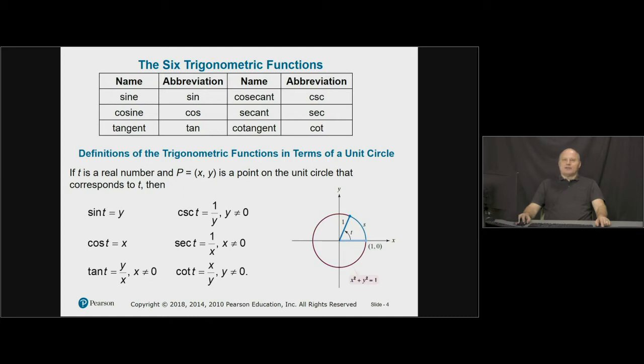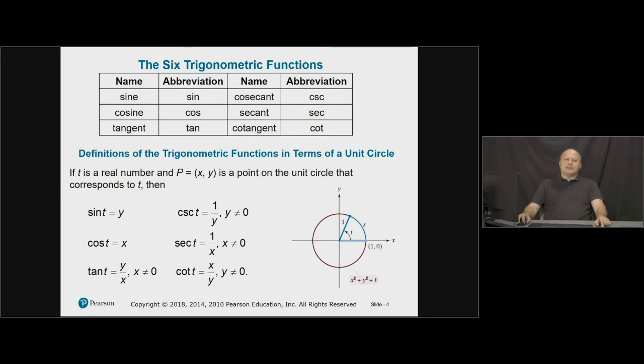It's a ratio that compares the y, the ordinate, to the x, which is the abscissa, the y over the x. Now, the remaining 3 are just the reciprocals of those 3. The cosecant of t is 1 over y, where y is the y-coordinate of that unit circle where the terminal side lands. Secant is 1 over x, and the cotangent is x over y.